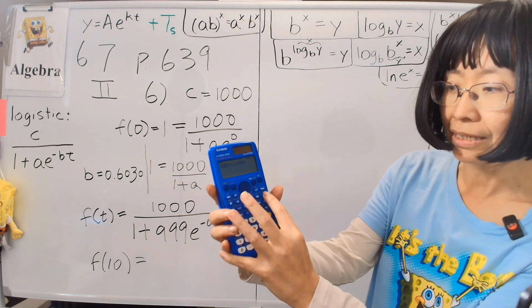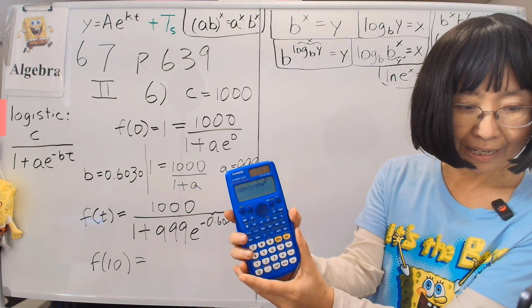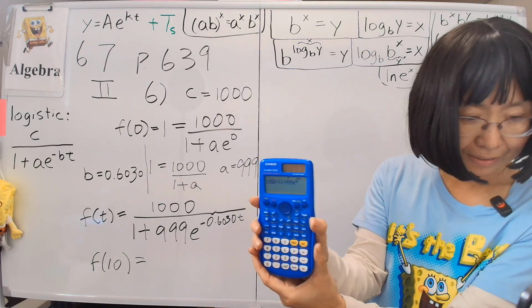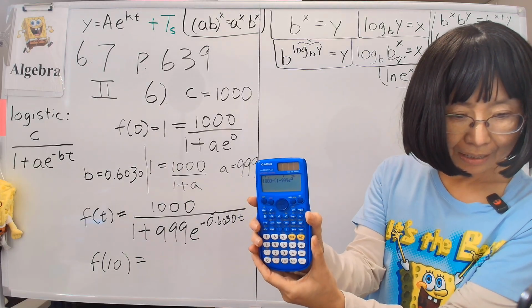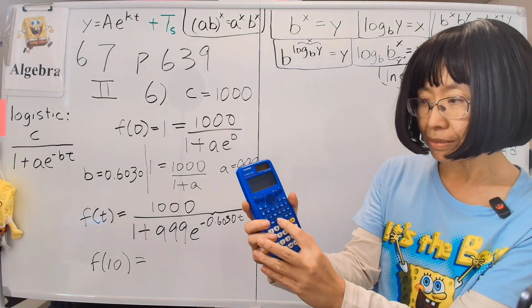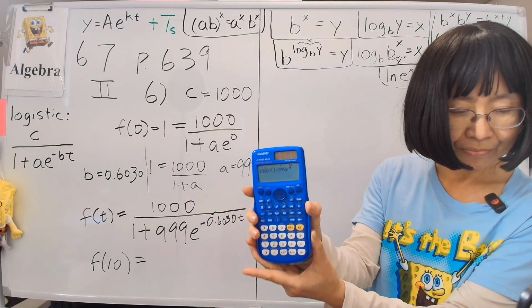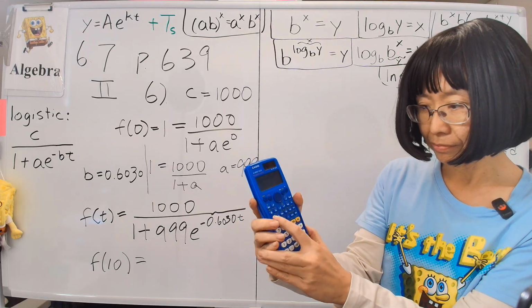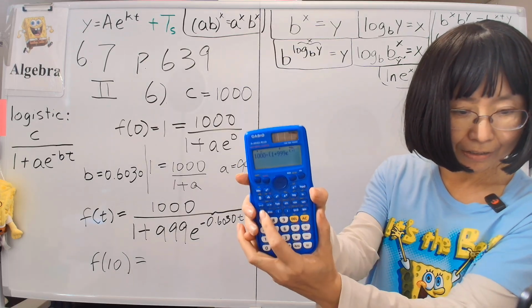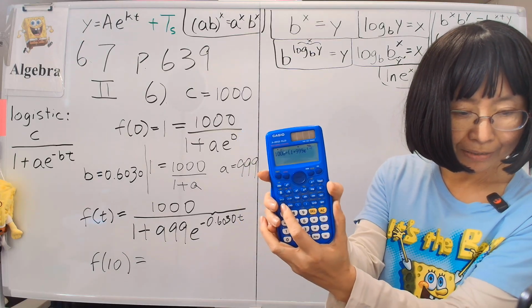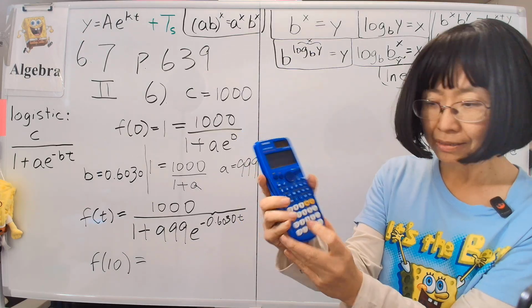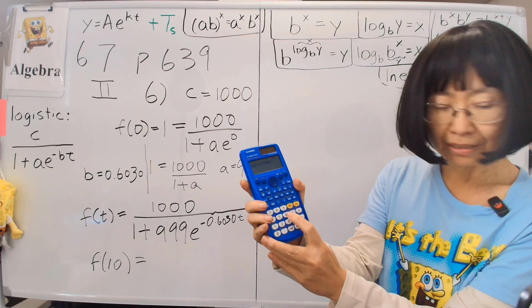So shift natural log gives e, okay? So there's e, and e to the power, we'll put parentheses here just to be safe. E to the power negative, I have a negative sign here on my calculator. You might or might not. Negative 0.6.